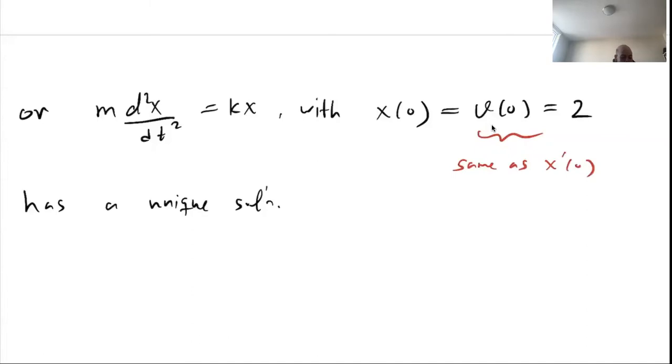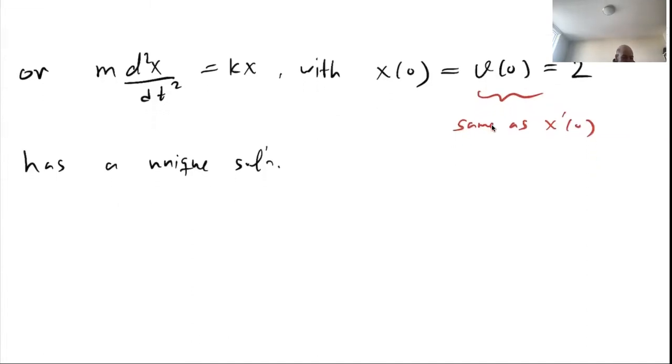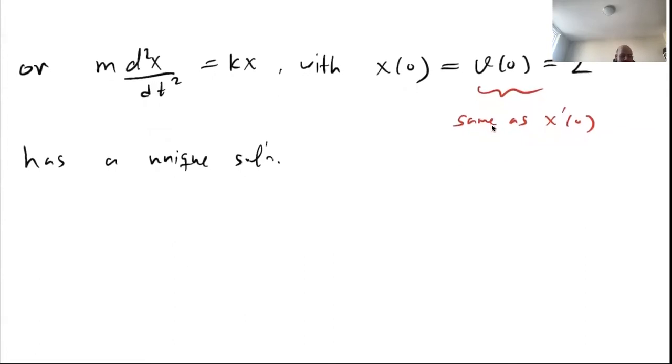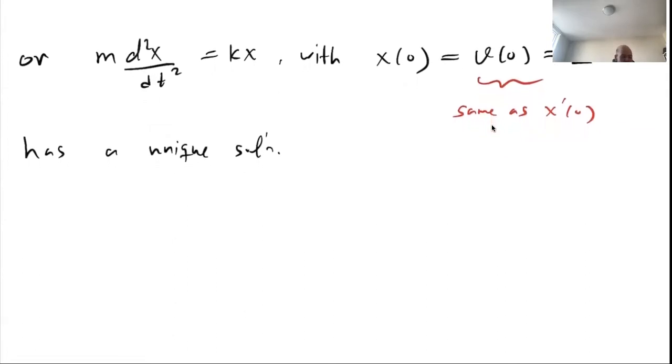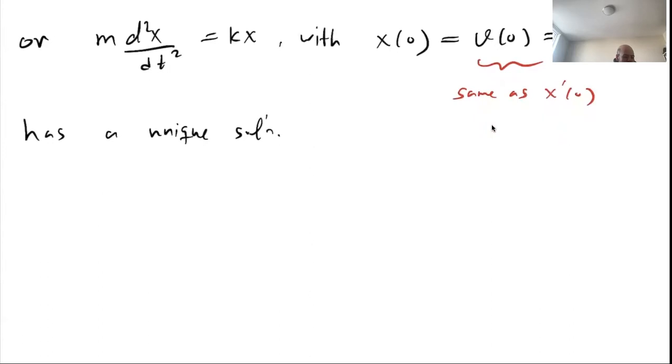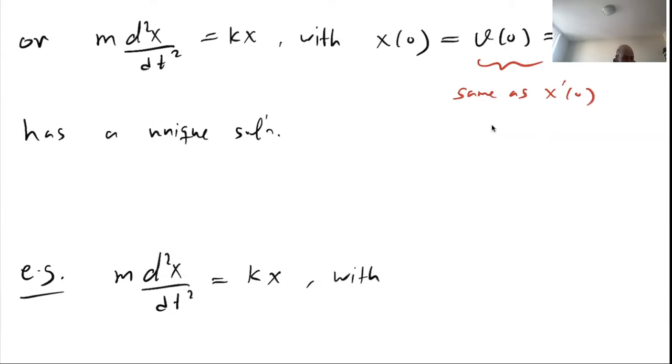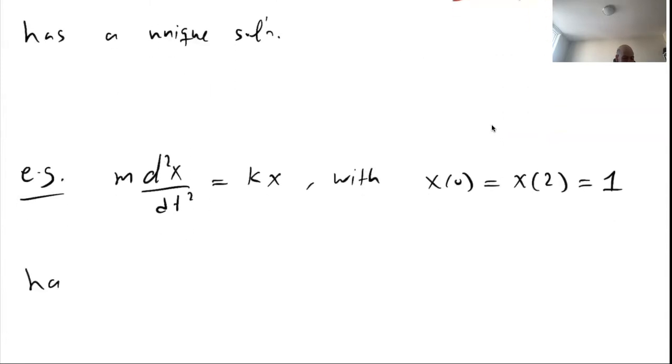So this is second order with two initial conditions, so it has a unique solution. Or another example, again m d squared x dt squared equals kx, this time with x of 0 equals x of 2 equals 1. Again, this one has a unique solution.